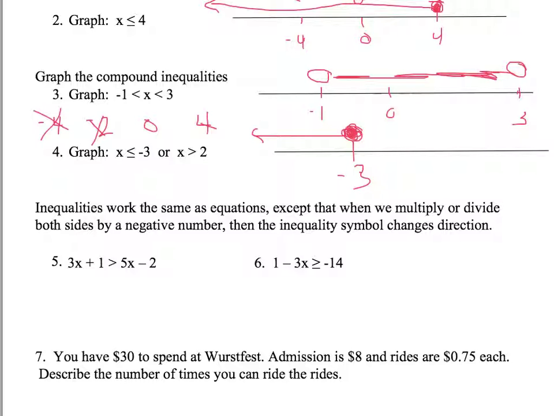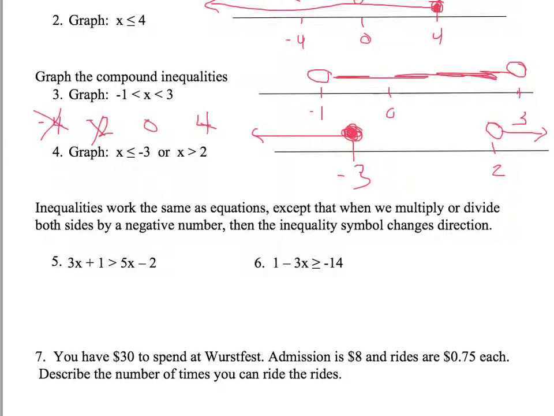It's filled in at negative 3 because we are including negative 3 with the equal sign. And then where x is greater than 2, all the numbers that are bigger than 2, that's going to be everything to the right. Now, it's not including 2 this time, so I'm going to put an open circle at 2.